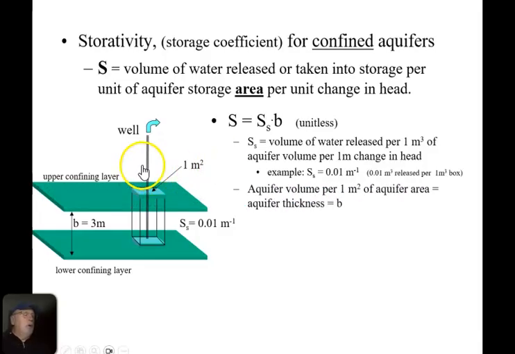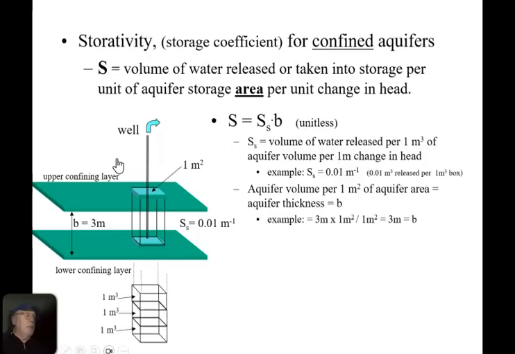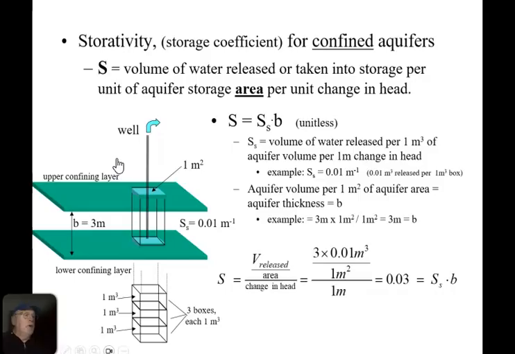So for one area, 1 meter squared of area, I have 3 meters cubed of volume because my aquifer thickness is 3 meters. So those are my 3 boxes there. The storativity or the storage coefficient for this aquifer would be the specific storage, 0.01, times the aquifer thickness of 3 meters.